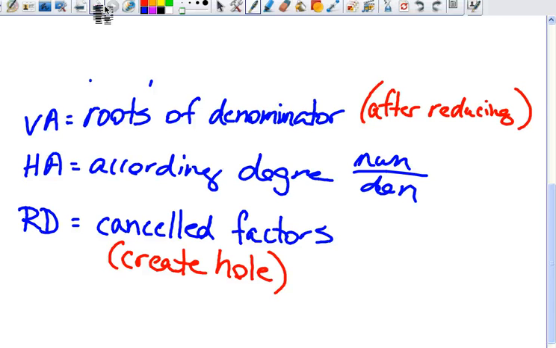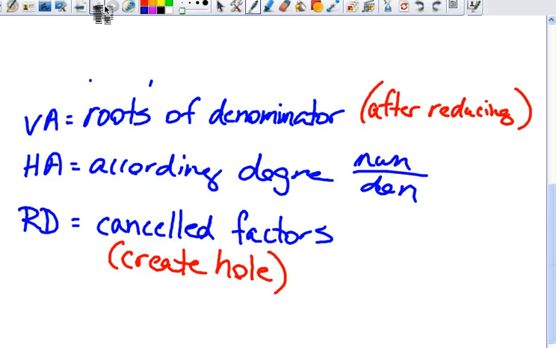When they're the same, divide the coefficients. When the numerator's bigger, no asymptote. When the denominator's bigger, y equals 0. So you've got to memorize those 3 rules. And then a removable discontinuity is whatever factor's canceled, creates the hole.